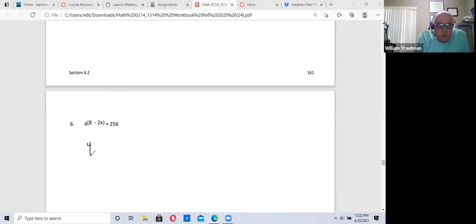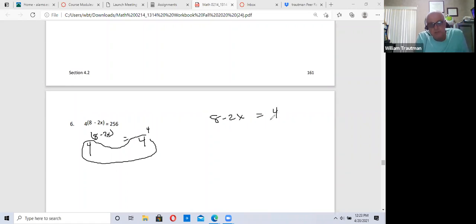So this is 4 raised to the 8 minus 2x. 256 is 4 to the 4th power. You can try it and verify it. Now, since the bases are the same, then the tops equal. 8 minus 2x equals 4.